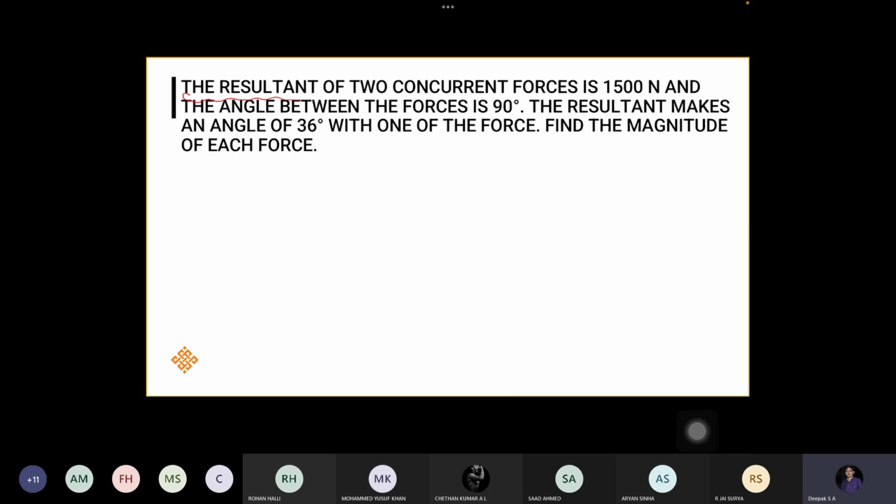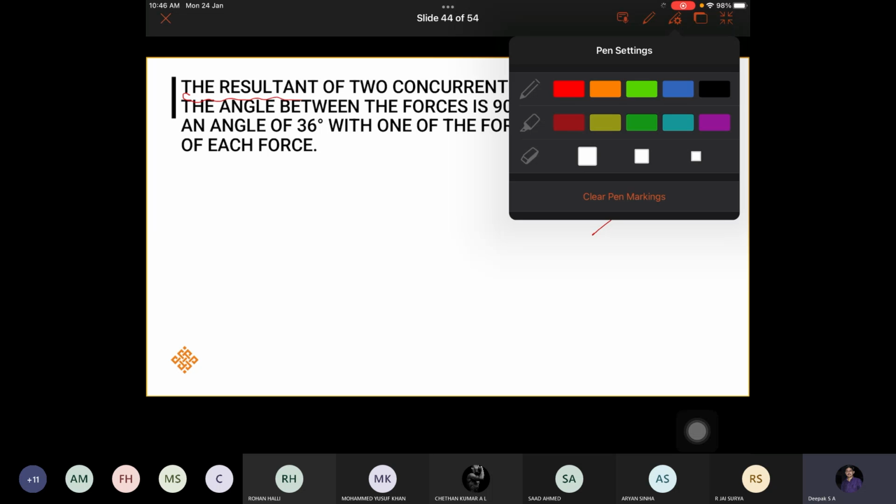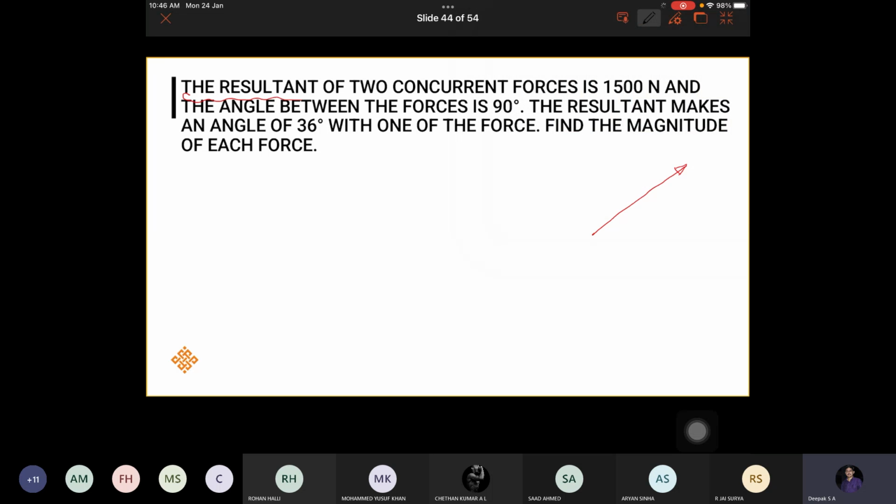Yes, sir. Okay, so now let us sketch the force system. See, the force will be something like this. The two forces are written in black color, and the resultant is written in the red color.